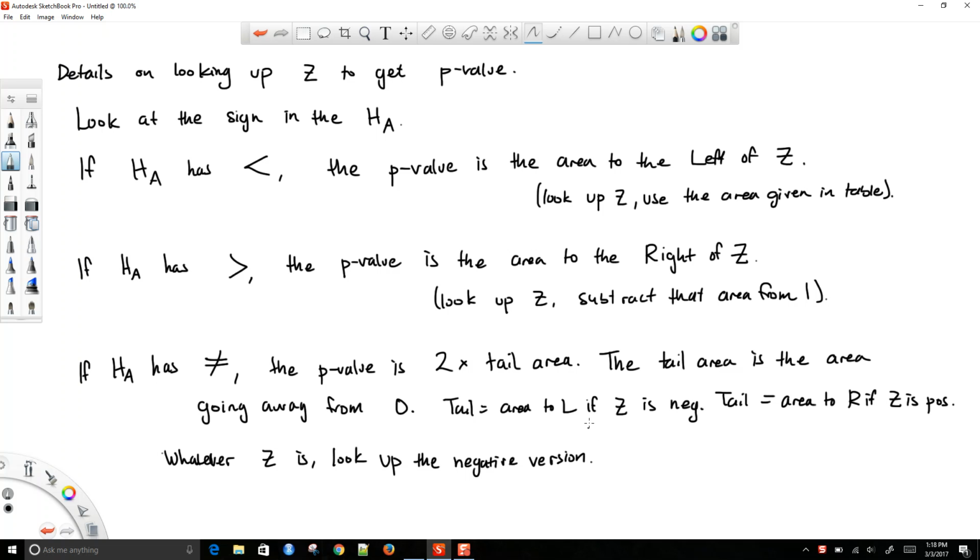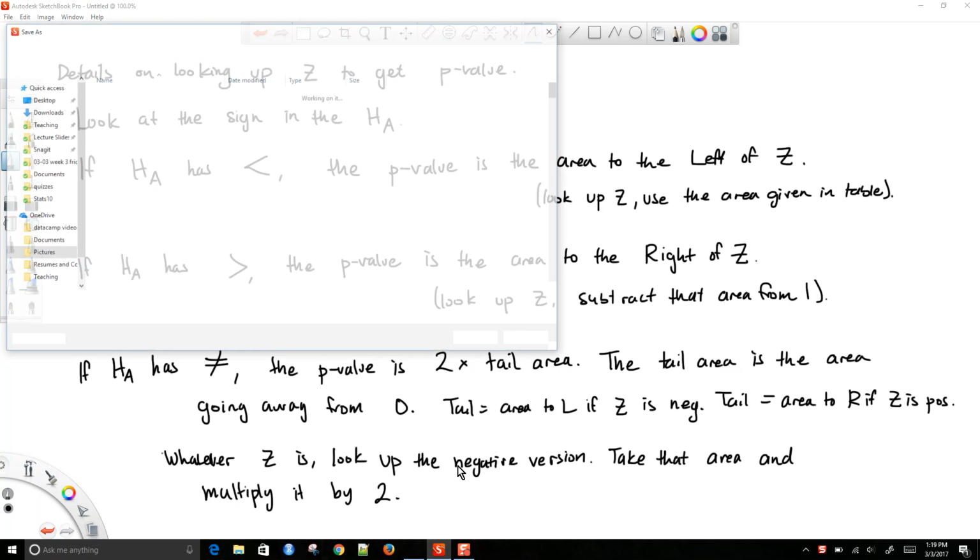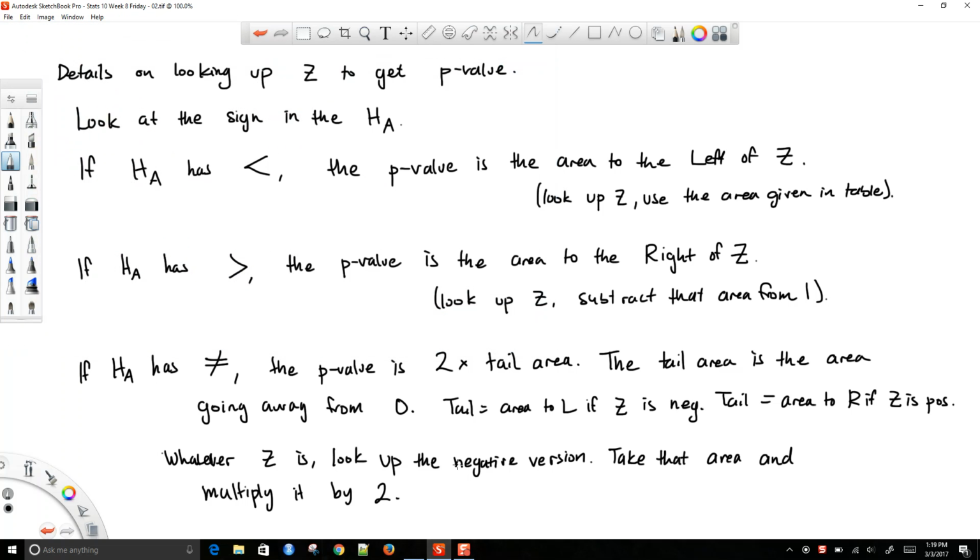Take that area and multiply it by 2. That's for if the alternative has a not equal sign. The p-value is 2 times the tail area. All right, is this okay?